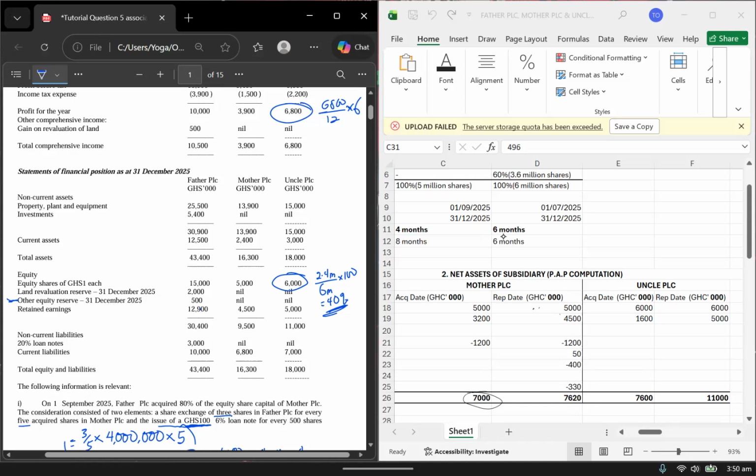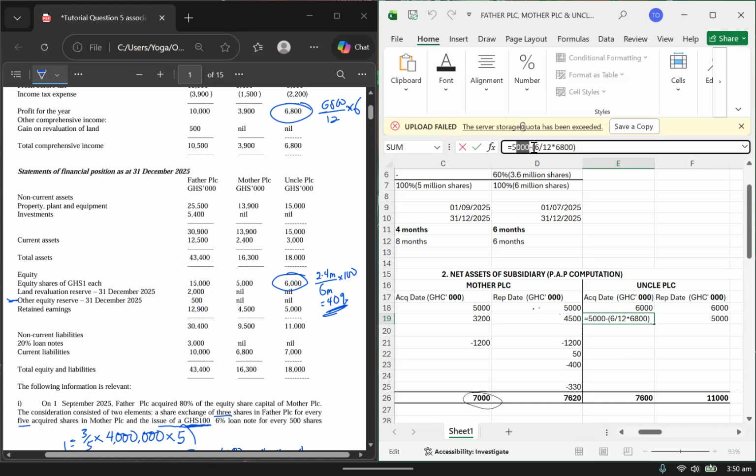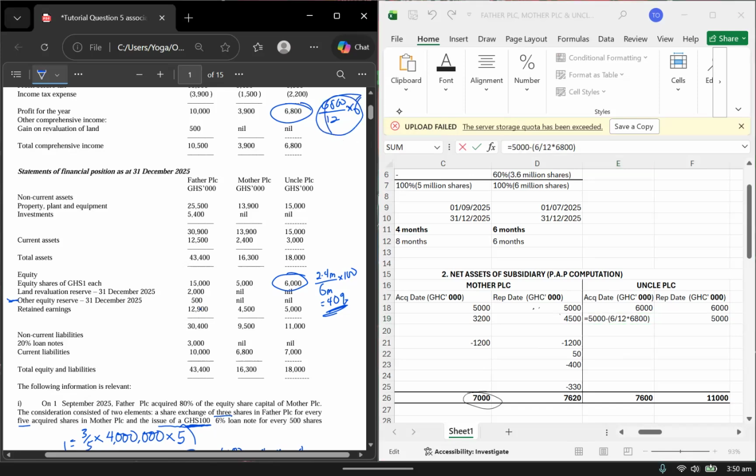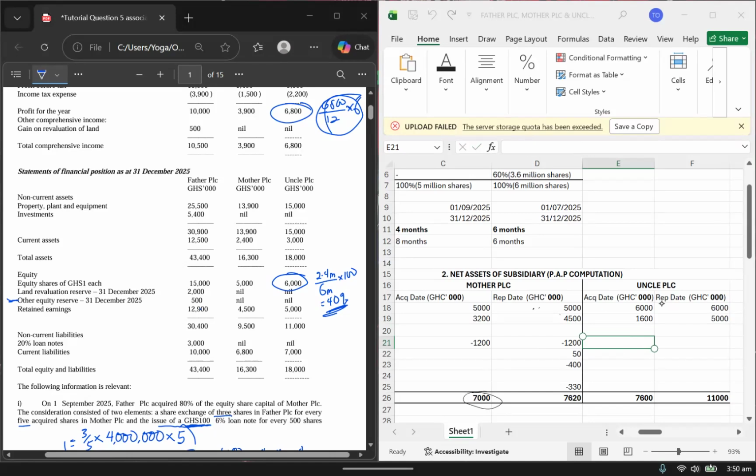Because you're looking for the retained earnings here, this is what I did. 5,000 minus 6 out of 12 times 6,800, which gives you 3,400. So if you subtract the post-acquisition profit from the retained earnings as at reporting, it gives you retained earnings as at acquisition. That's 1,600.